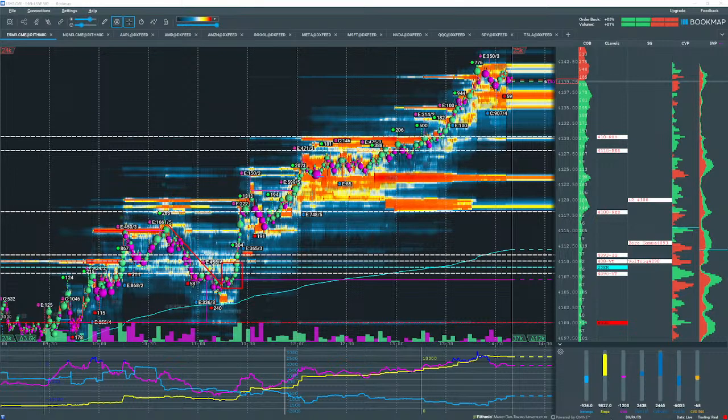And note at that point the cumulative volume delta shifts up. Aggressive buyers coming in, and also the rising yellow line indicating that buy stop orders are helping to fuel the move higher.